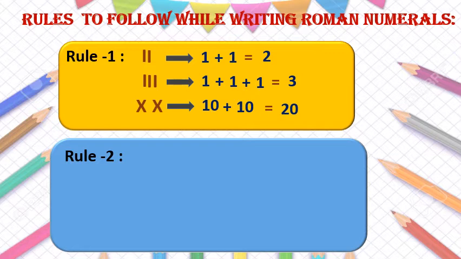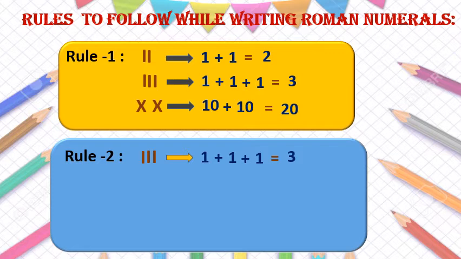See, this is rule number 2. Here the symbol I or X can be written consecutively for a maximum of 3 times. The numeral V is never repeated consecutively. We'll see here I 3 times means the value is 1 plus 1 plus 1, that is 3, you know.